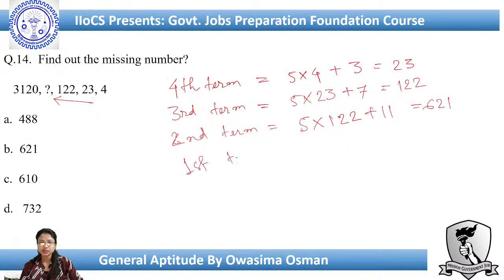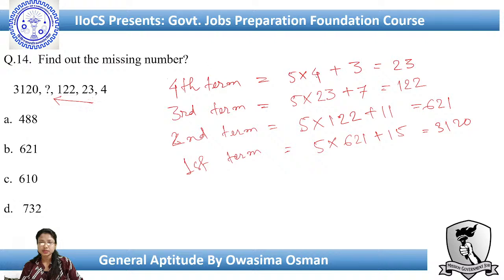And our first term, we can write 5 into 621 plus 15, it will be 3120. So here we can see that 5 is the fixed multiplication, and we are multiplying to determine every number.